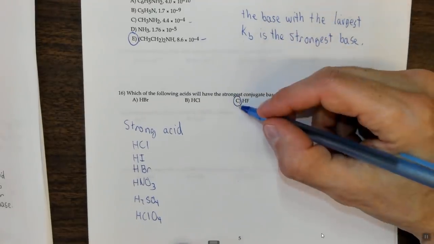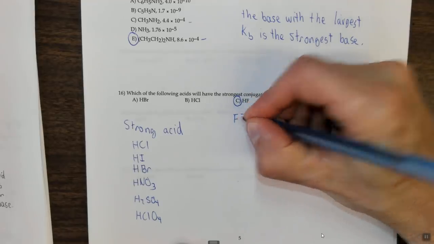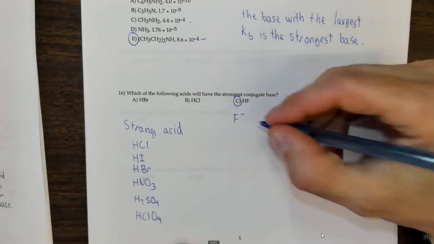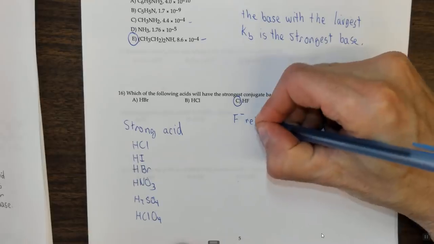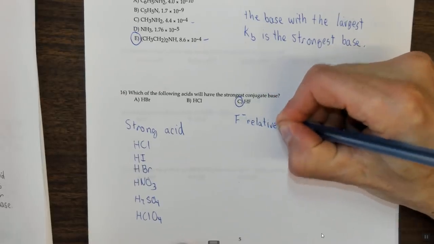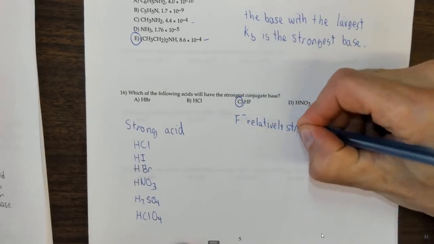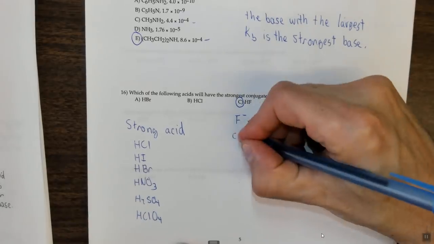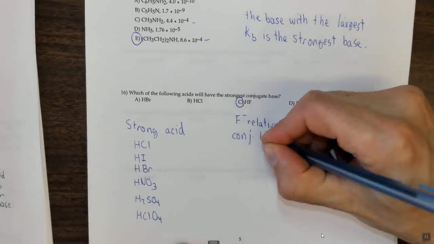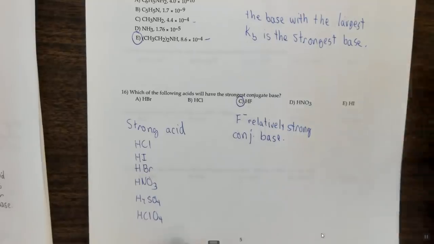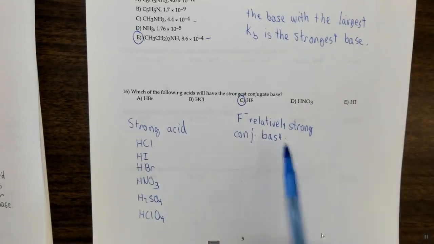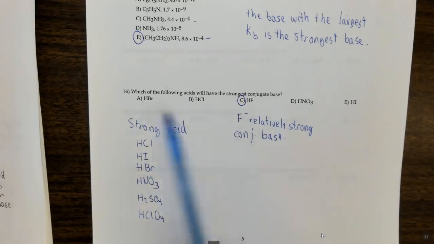So since this is not a strong acid, F minus is a relatively strong conjugate base. There are, of course, stronger conjugate bases, but relative to this list, it is a strong conjugate base, because these are all strong acids, so their conjugate bases are incredibly weak.